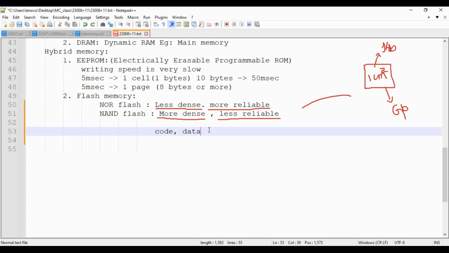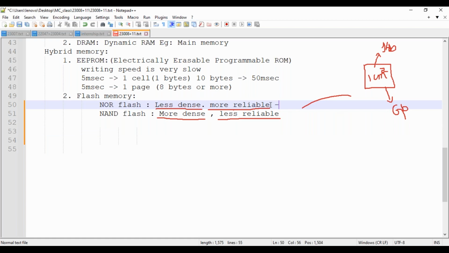So always remember, between the code and the data, it is always code being very important. There are ways of retrieving the data if you have lost it, but retrieving the code is quite difficult. So code is more important and data is less important comparatively.